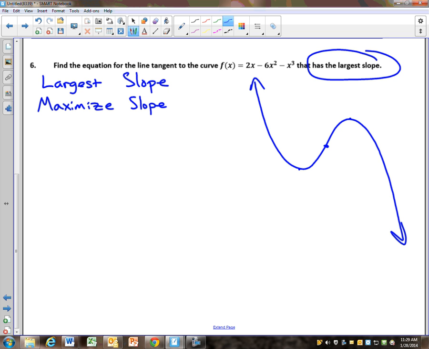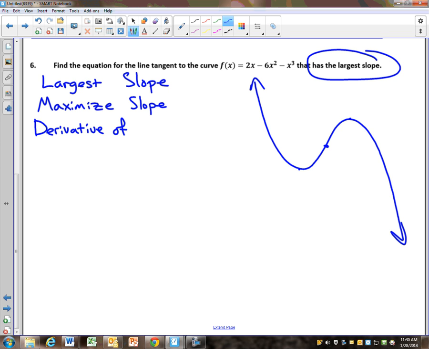So I just want you again to connect these pieces together. What do you do to maximize something? What do you have to take in order to maximize something? You have to take the derivative, right? The derivative of the slope.